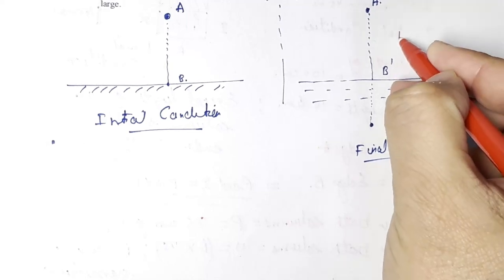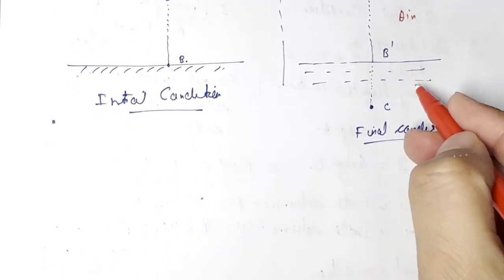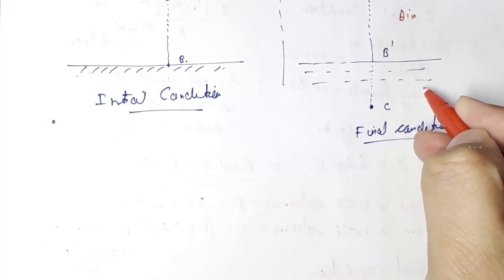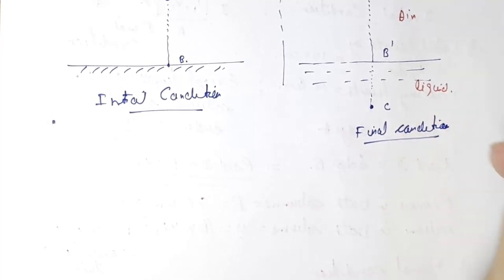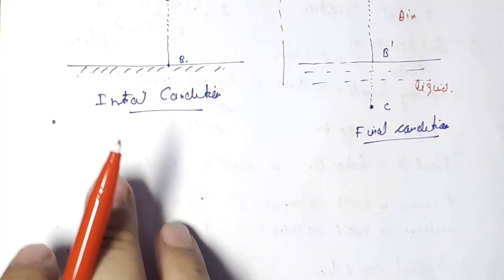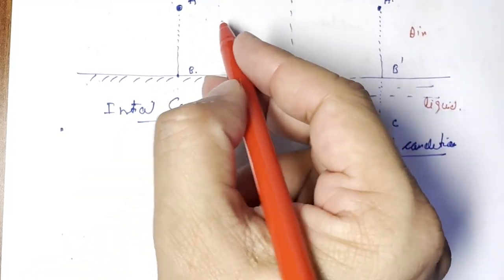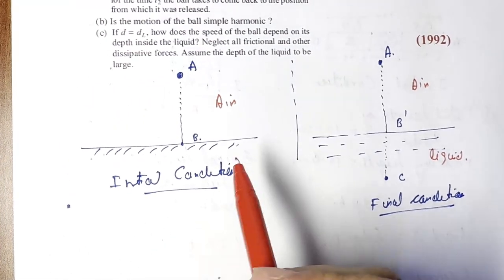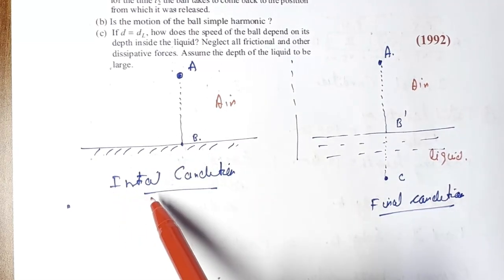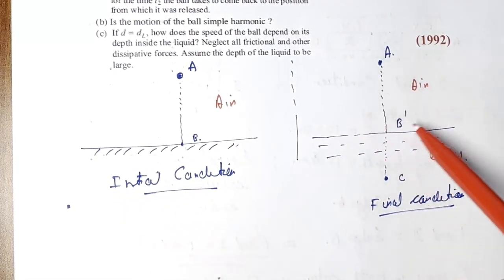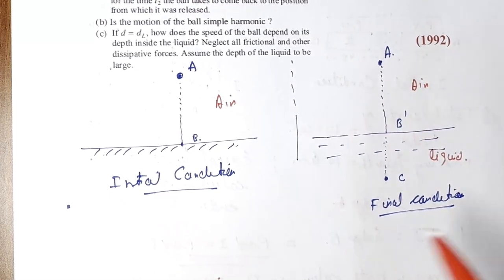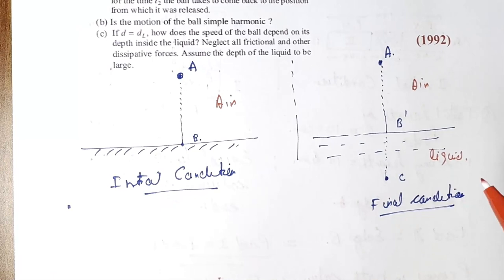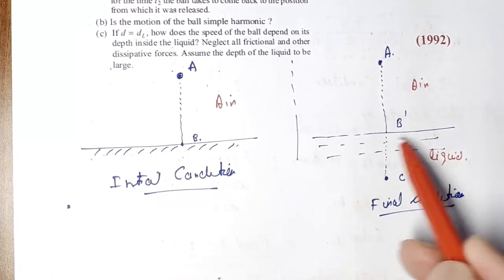One medium will be air, and another medium will be liquid. Whereas in the initial condition, it is only going to interact with one medium, that is air. But the interaction with the medium in the initial condition will be the same as the interaction in the air medium in the final condition, because everything is the same, the height is the same, and the point from which it is dropped is the same. The only difference is with respect to the surface.